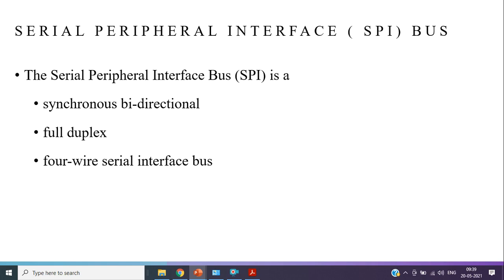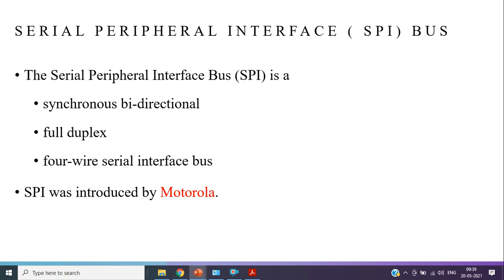It consists of a four wire serial bus interface, whereas I2C consists of only a two wire serial interface bus. This was introduced for the first time by Motorola company. With this brief introduction, tomorrow we'll finish the SPI protocol as well as the other two protocols, one wire and UART.